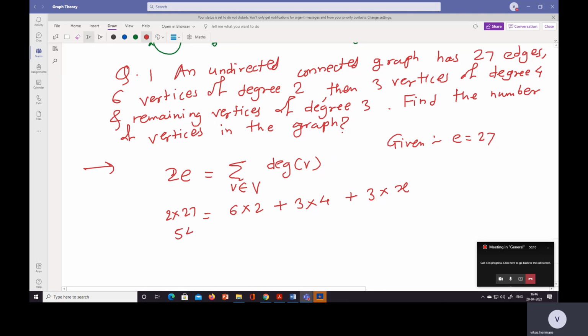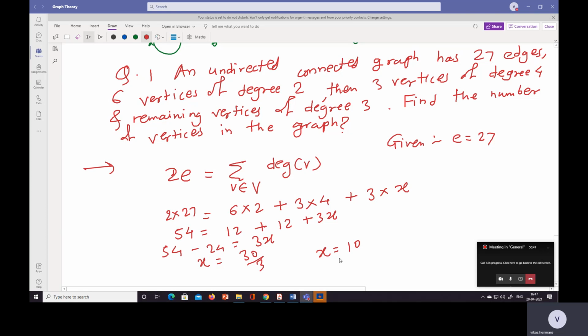So we have to solve this equation. 54 is equal to 12 plus 12 plus 3x. Now we can take 54 minus 24 is equal to 3x. So 54 minus 24 is 30, divided by 3, then x is equal to 10.